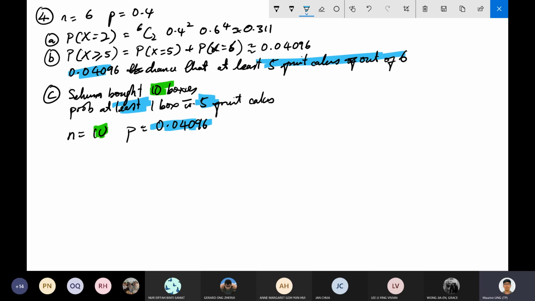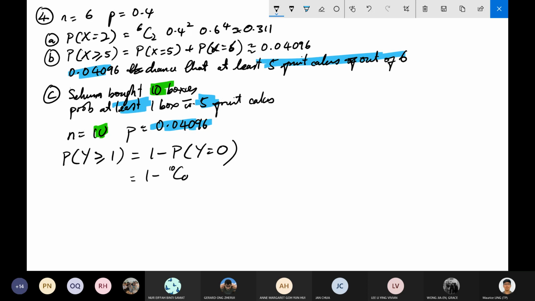And you want to have at least one box. So at least one box means that if you let y be the number of boxes, at least one is actually 1 minus the probability of 0 boxes.